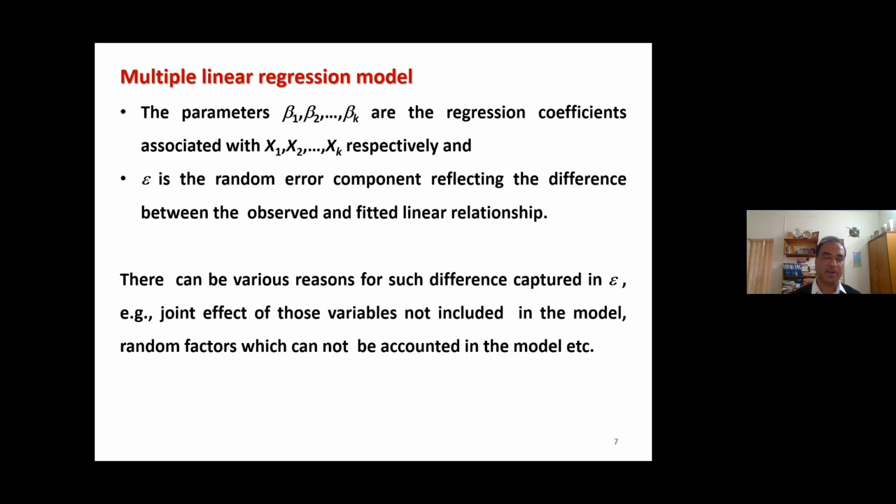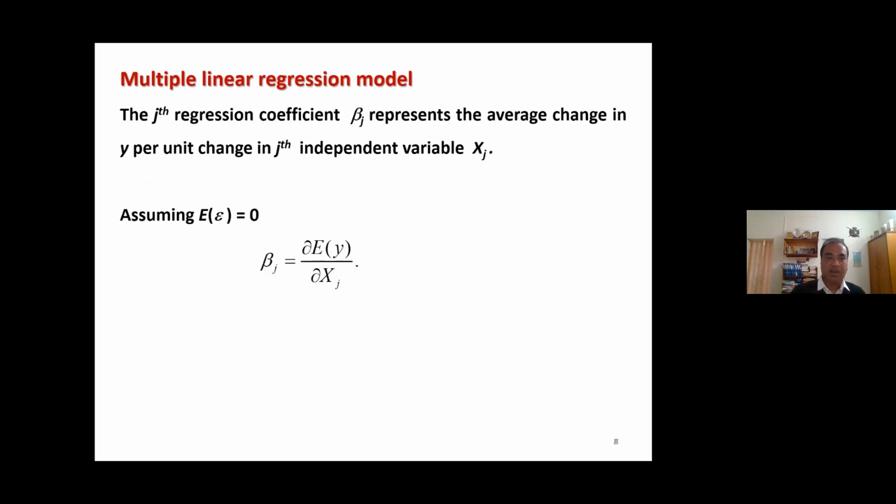Similarly, in the case of the multiple linear regression model, this is the same concept. It will also take care of other factors, that there are some variables which you want to include in the model, but for any reason you are unable to do so. So this epsilon is going to help us. Right. And now what about the interpretation?